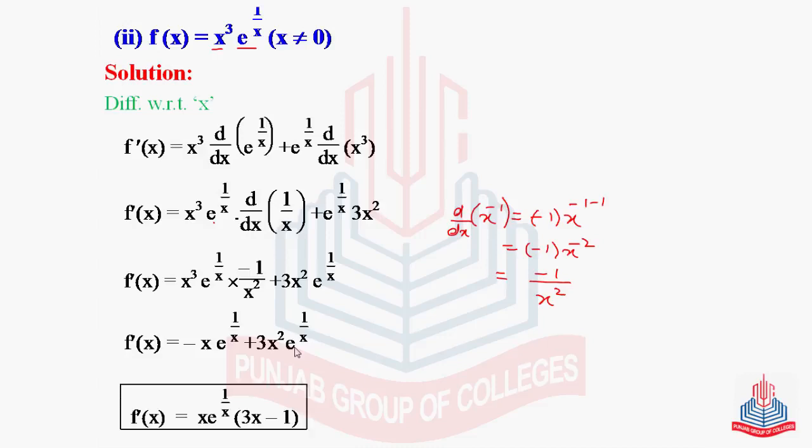Now taking the common factor x and e raised to the power 1 over x, we are left with 3x here, and from the first term we are left with just minus 1. So finally, the derivative of the given function will become x e raised to the power 1 over x into 3x minus 1.